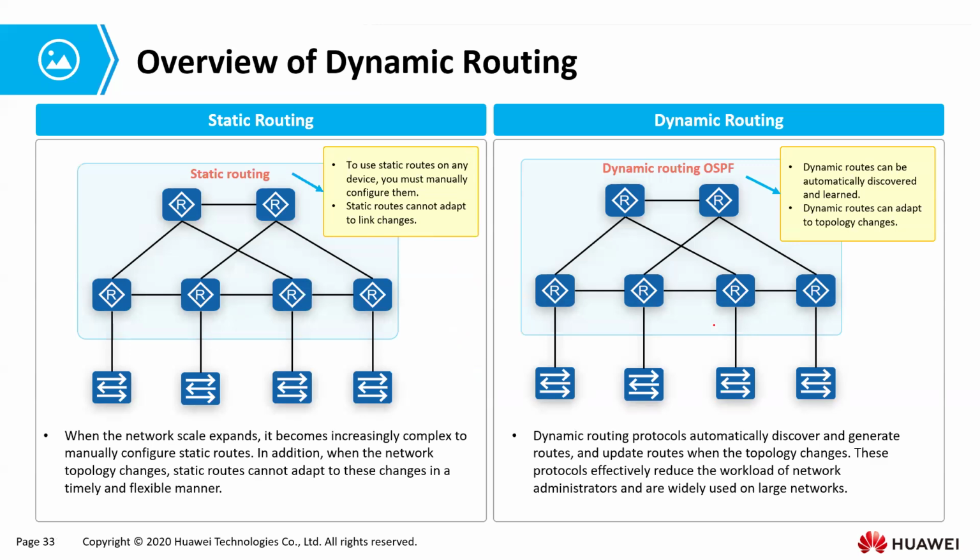Then to end up, dynamic routing. I've already mentioned that static routes have a disadvantage, that they do not update. For example, when a link goes down, the static route remains in the routing table. It does not go away, so you will need to manually change that.